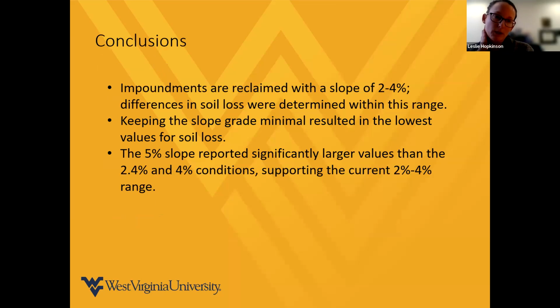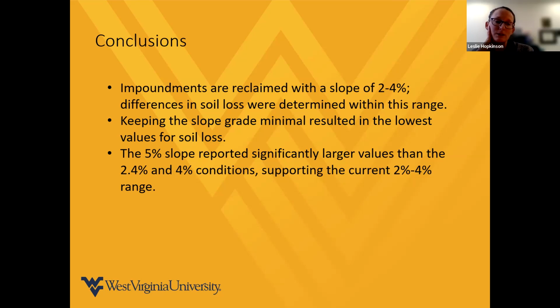So to summarize, we characterized the impoundment in the field, and we used that to do some erosion modeling. Our conclusions to date: we found that WEPP sediment loss was sensitive to effective hydraulic conductivity, critical shear, rill erodibility, and percent sand. We did find differences in predicted soil loss when we changed the slope.